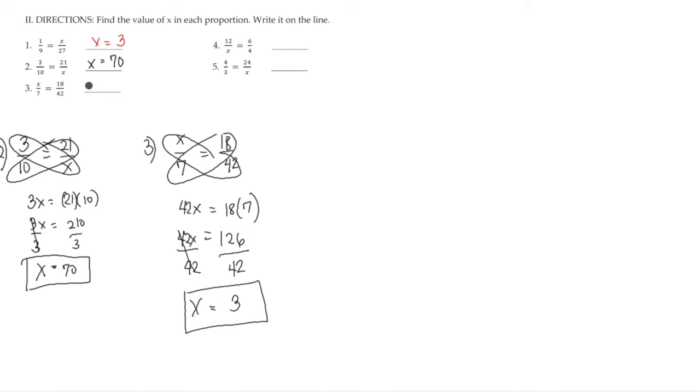Okay, do you have any questions so far? Okay, kung wala na, let's move on to number 4. So in number 4, we have 12 over x equals 6 over 4. Now, if we do the cross multiplication, we have 6x equals 12 times 4.